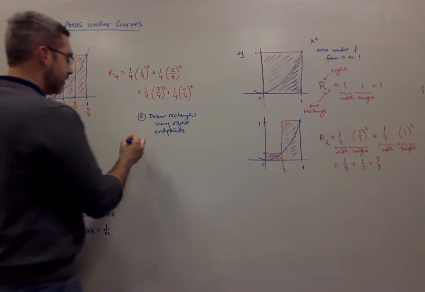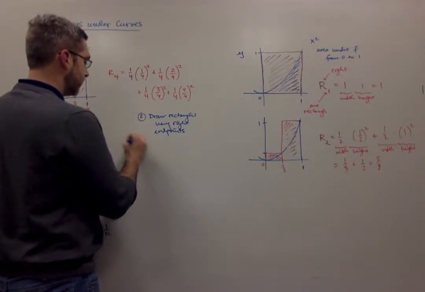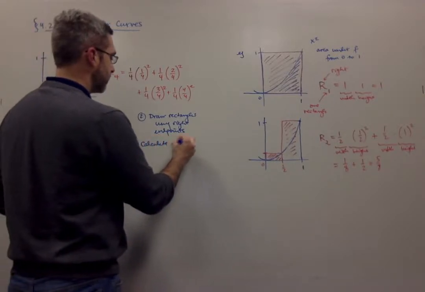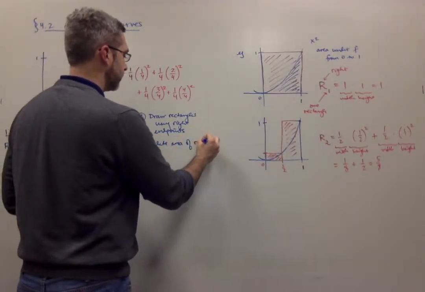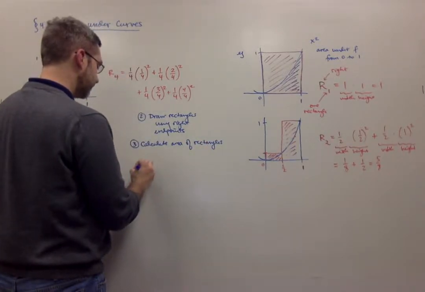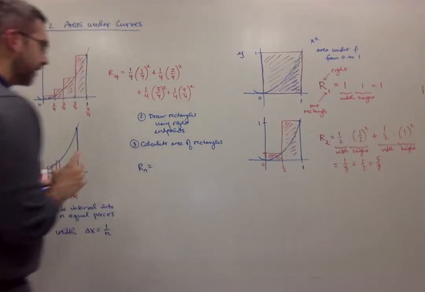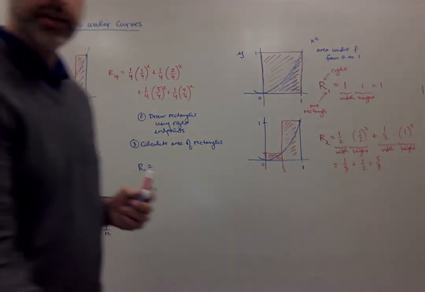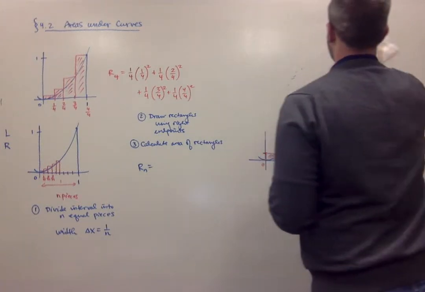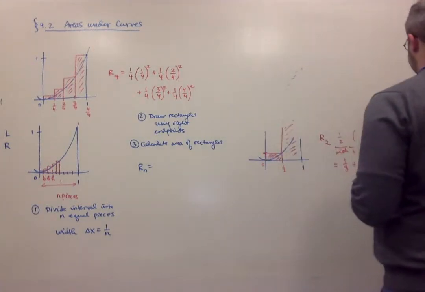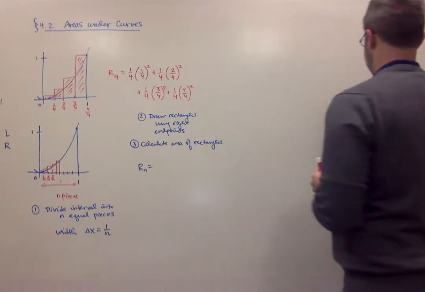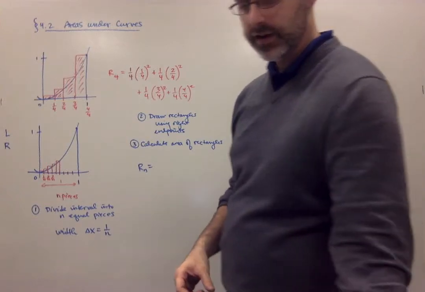Okay? So now the next step is we're actually going to calculate the area of the rectangles, which is what we're calling Rn. Okay, so in our case, let's calculate the area of that first rectangle.